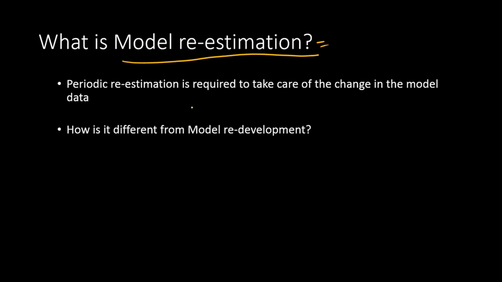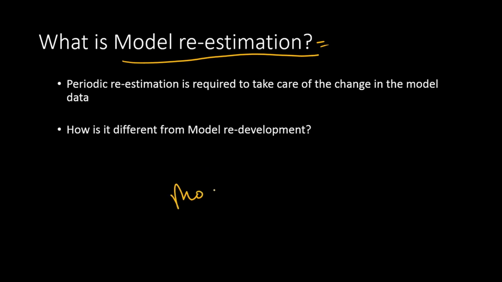People buy and do all financial transactions using their smartphones. So the customer behavior that used to be 10 years ago will not be now. So models need to be re-estimated or redeveloped on a periodic basis.